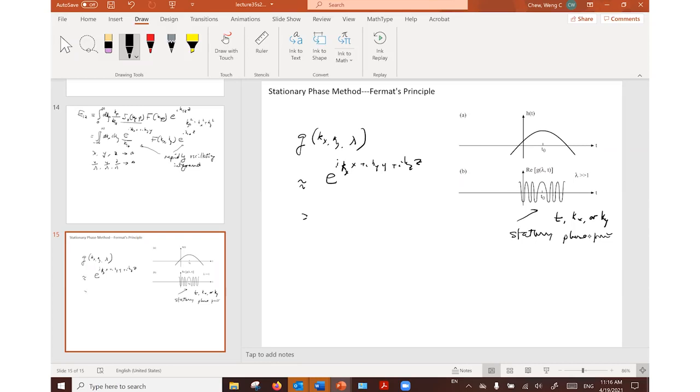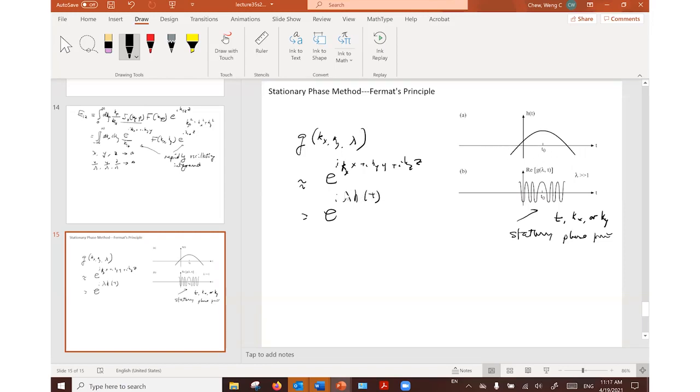Essentially, I'm writing this that this should be lambda h of t. So if I look at this function h of t, which is the thing in the exponent, it is not rapidly varying. It actually varies slowly as a function of t.